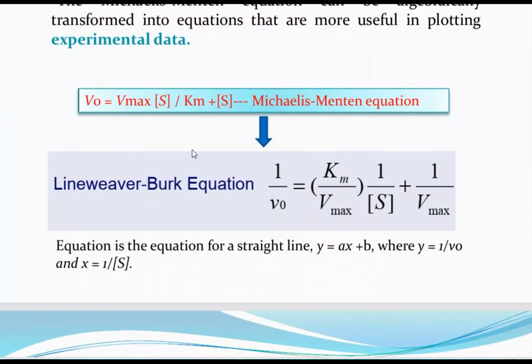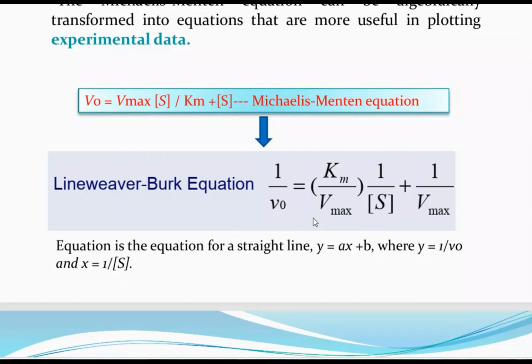If we invert this equation, we get 1 by V0 is equal to Km by Vmax into substrate S plus 1 by Vmax. If we compare this with the straight line equation, y is equal to ax plus b, then we get the y-axis value when x is equal to 0 and the x-axis value when y is equal to 0.